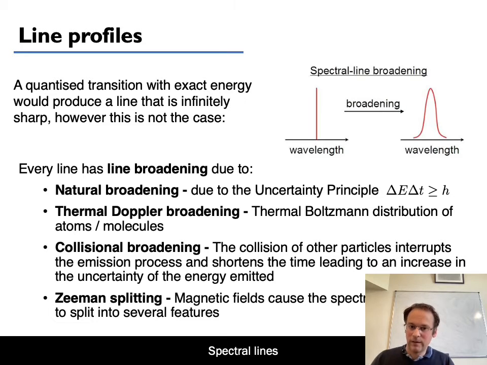In addition to broadening through natural broadening, we also have what's called thermal Doppler broadening. So Doppler shift, which I'll get onto in the next few slides, arises through the random motion of atoms and molecules. They have finite temperatures, right? They're not at 0 Kelvin.